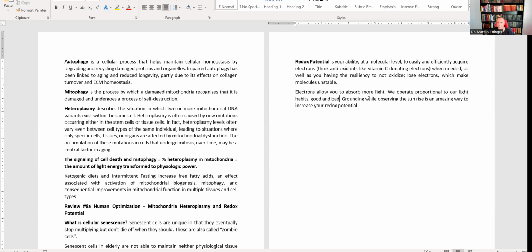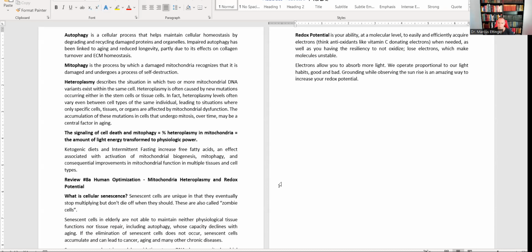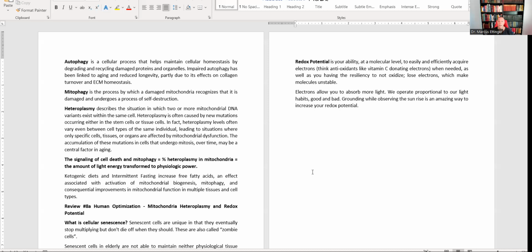I mean, it would be an amazing existence. That was our initial incredible redox potential with very low mitophagy, very low heteroplasmy rate, very low senescent and zombie cells, because we were just living a completely normal life.